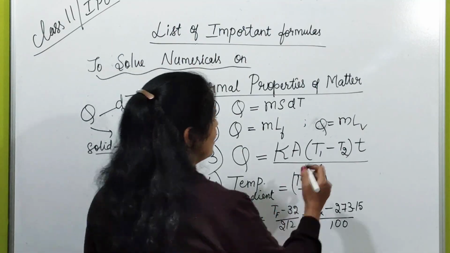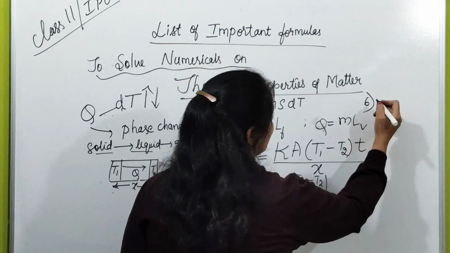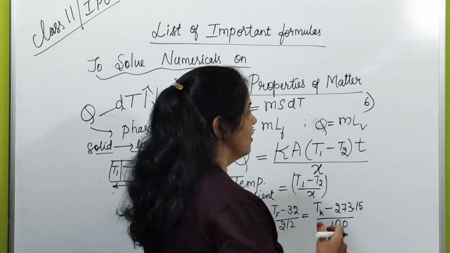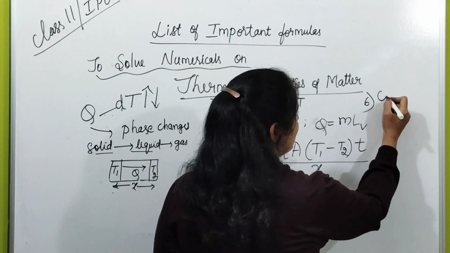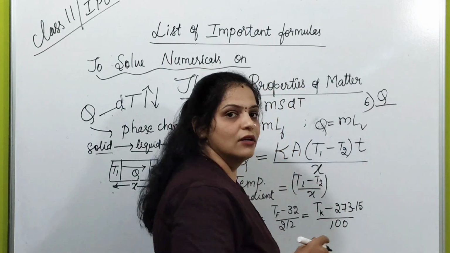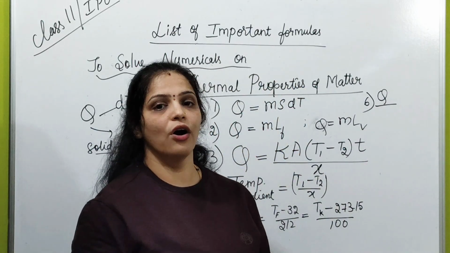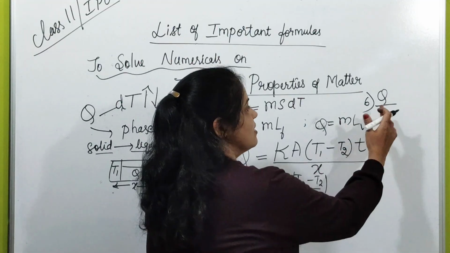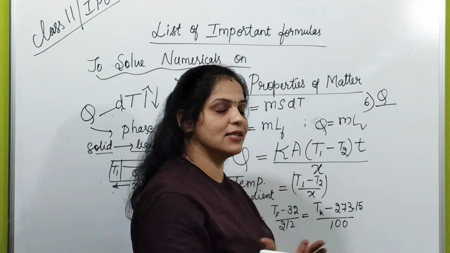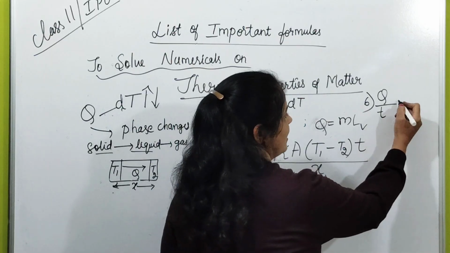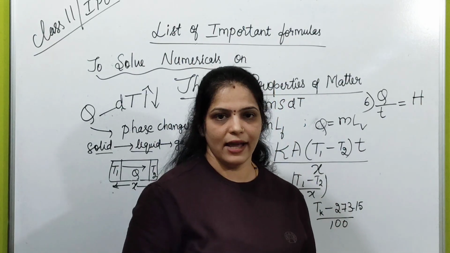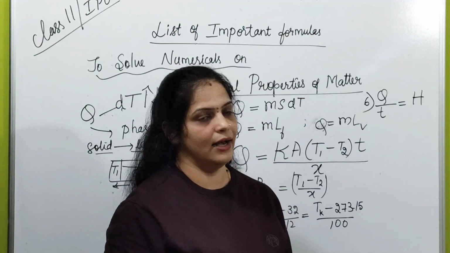And next, according to the Stefan-Boltzmann law, the rate of transmission of energy, with respect to time, the heat energy emitted per second, can be written as Q by t, which is nothing but H. It is called heat current or thermal current.